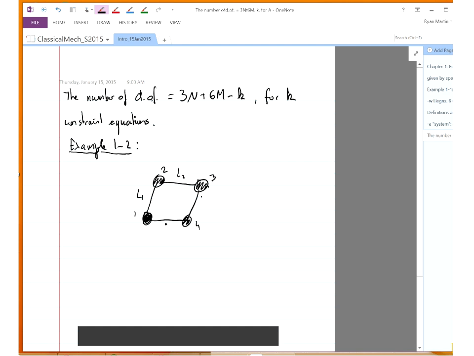And in principle, the rods could be different lengths. So how many degrees of freedom does this system have?